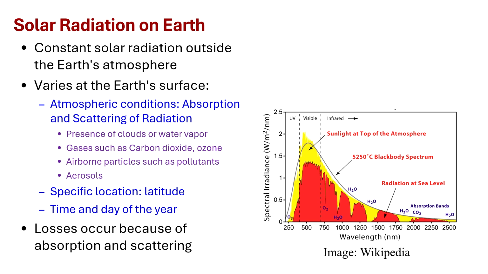You can see that the region in the red shows a significant reduction in the radiant intensity, and this is mainly because of atmospheric losses. In addition, we can also see that there are absorption bands for certain molecules such as oxygen, water, or carbon dioxide. There are many other bands that could be present, for example, methane and ozone.